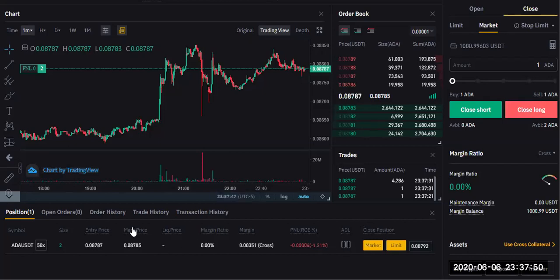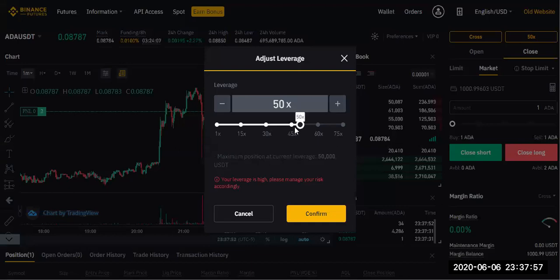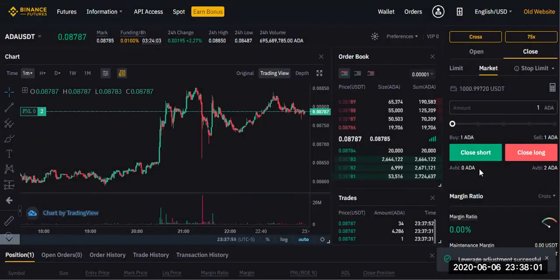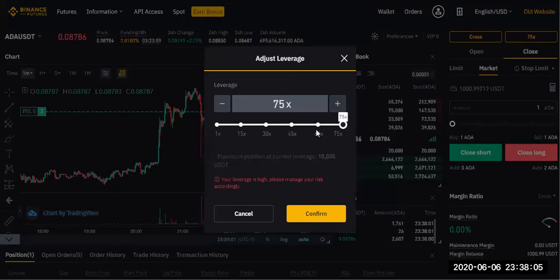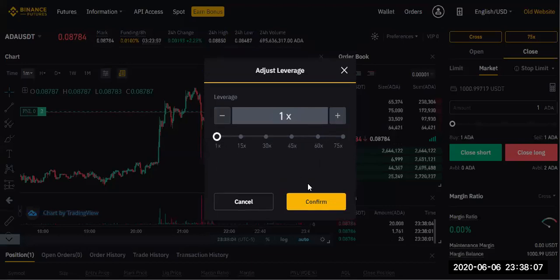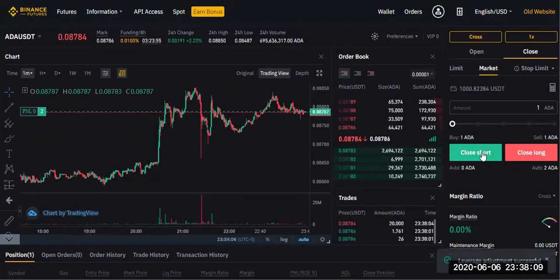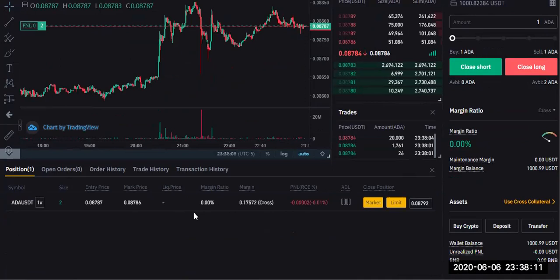But with that being said, the size is 2 with our leverage at 50x. And notice, if you have enough money, you can actually do this. Boom. You can change the leverage in the middle of it. Whereas here, watch this. If it's on 1x, it's going to be 16 or 17 cents in there. Yeah, see, 17 cents is what I've used.